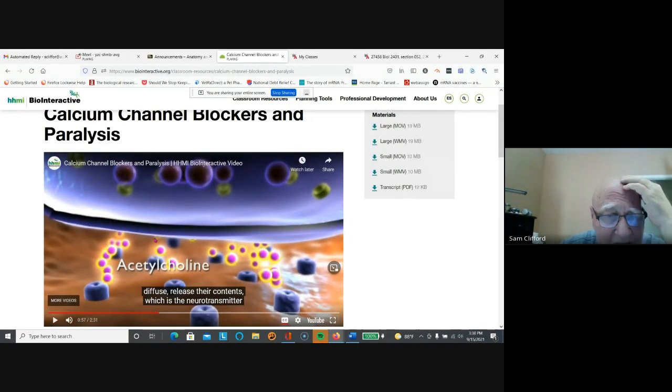Okay, so the acetylcholine is a neurotransmitter. Once the vesicles fuse with this bimolecular leaflet phospholipid layer, because all membranes are made of phospholipid bilayers. So this acetylcholine is a neurotransmitter.